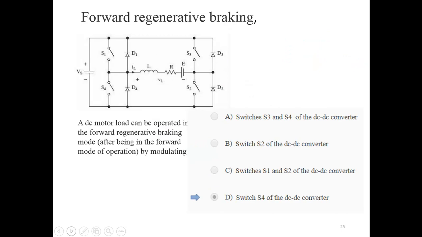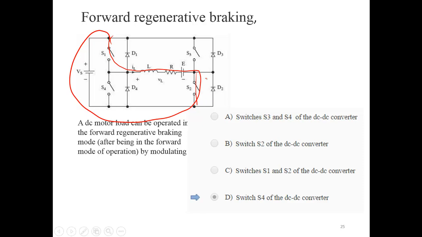Forward regenerating mode. A motor can be operated in the regenerative braking mode after forward mode operation by modulating the switch. In the forward direction, you have S1, and the current flows that way, and then S2; this is the forward direction, and current will move through that. Now this switch is on, and this switch is on.